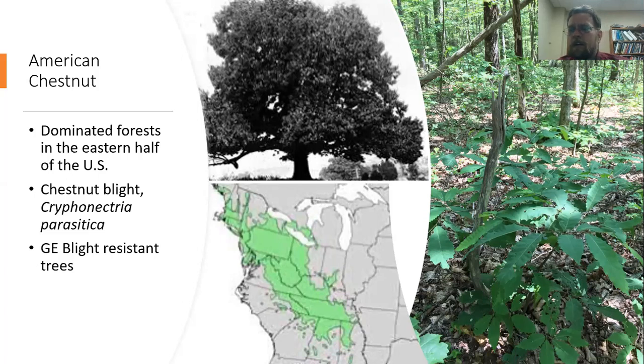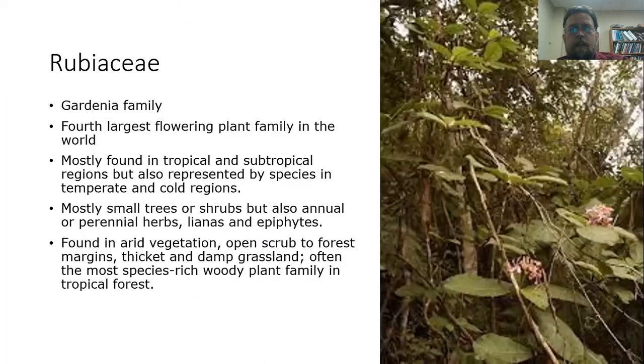And the debate on its release out into the wild to restore the American chestnut is still going on. I believe, of course, that when those are properly evaluated, it would be wonderful to see those trees come back into our landscapes and back into our forests.